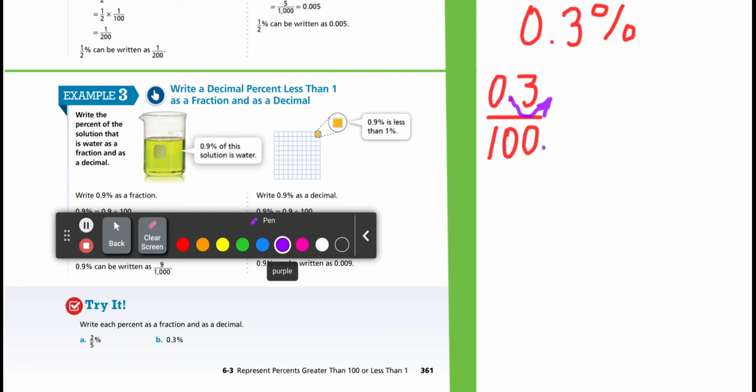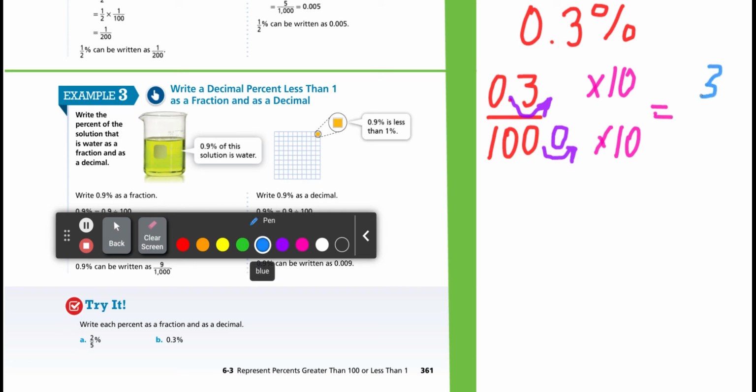Well, whatever you do to the top, you have to do to the bottom, and we would fill in a 0 there. So it's like we're multiplying times 10. By moving the decimal once to the right, we multiply times 10 on the top, times 10 on the bottom. What's our new fraction? Our new fraction would be 3 over 1,000, because 100 times 10 is 1,000.